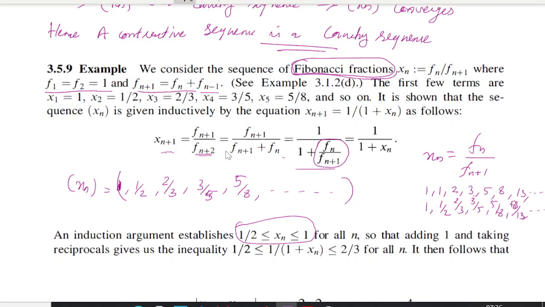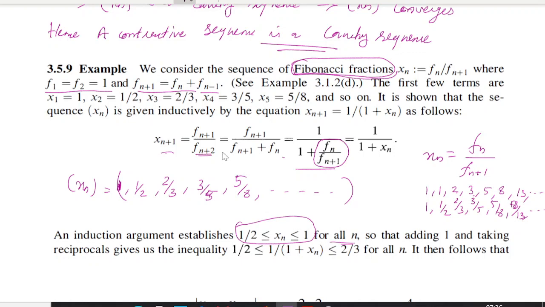So every value is coming in between 1 by 2 and 1. We can use the induction method to prove this. So I'm leaving that for you to work. So you use the induction method to prove that your nth term of the sequence always lies between 1 by 2 and 1 for all n values.